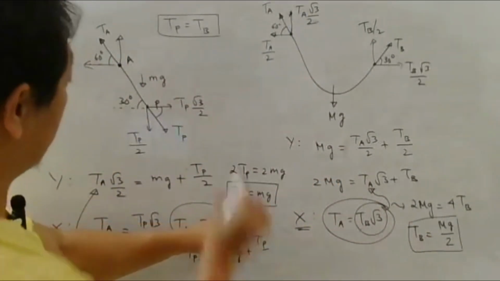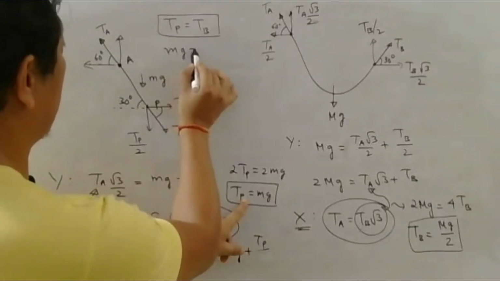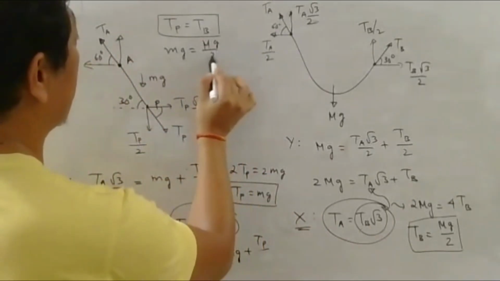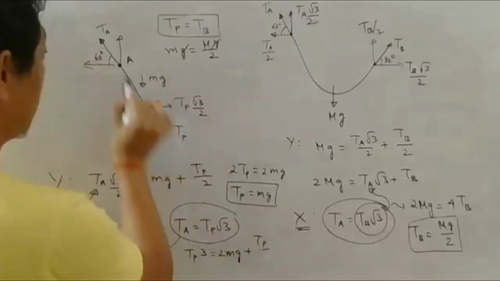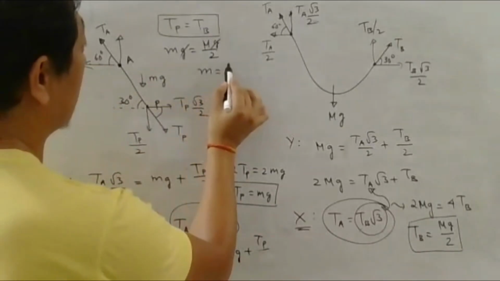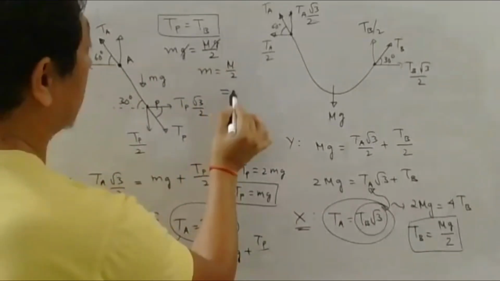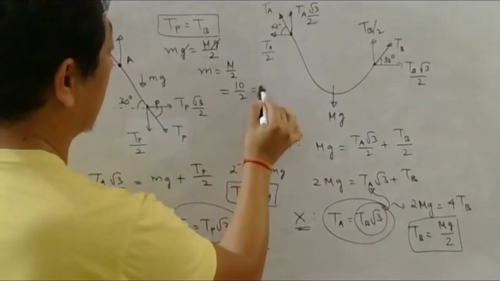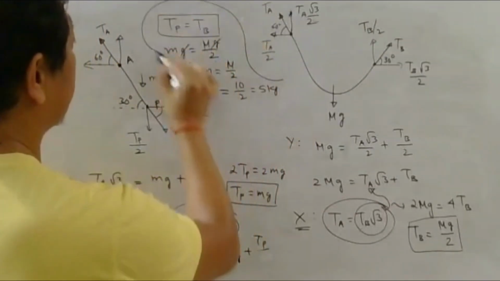That TP is mg we found now. Before we found TB is what? Capital Mg by 2. So mass of this AP is half. How much? Half of this. What was the mass of the whole rope? 10 kg. So answer is 5 kg.